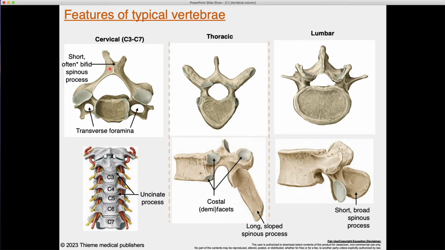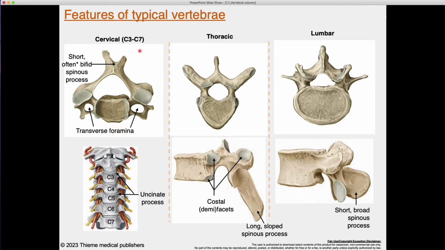So remember, bifid meaning two. We can see how they split into two. However, this is not always the case. This is very common in white males, but it's less common in people of African descent or females. So don't be surprised if not all cervical vertebrae are bifid if you look at them in the anatomy lab.